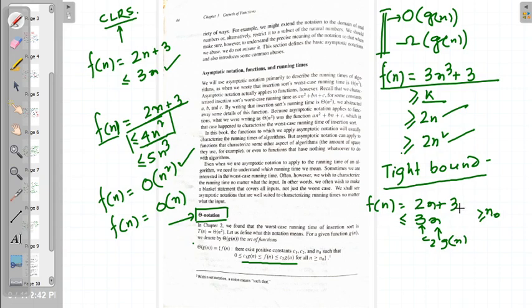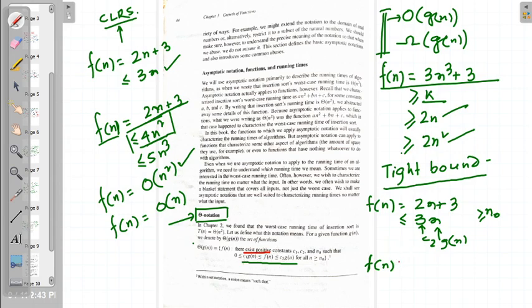So this condition is getting satisfied, f(n) less than or equal to c2 times g(n). And another condition also has to be satisfied, c1 g(n) less than or equal to f(n). That means f(n) is greater than or equal to c1 times g(n).